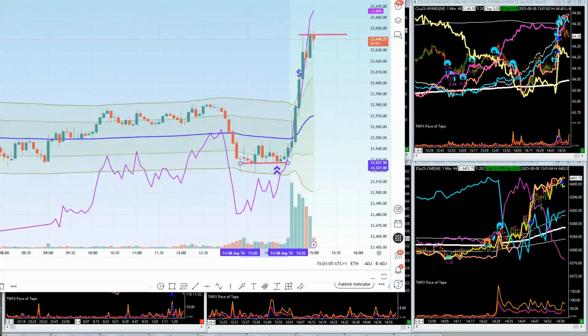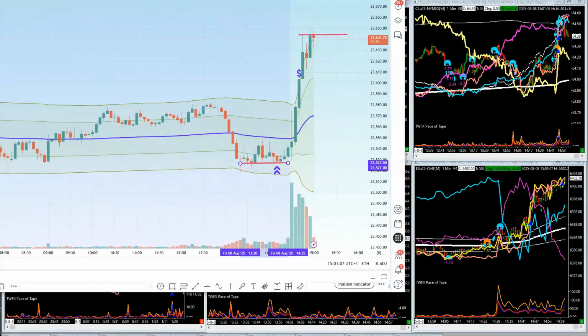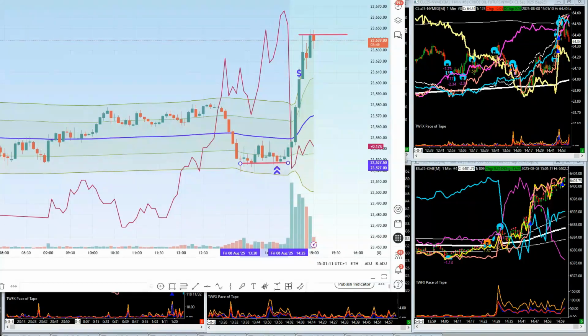So what about the price of the credit spread market? Let's take a look. Credit spread market seemed to be giving us a bit of a storyline here, didn't it? Now, they've come off since the open. Fair enough, they've come off since the open, and we're starting to see a bit of pressure building at top line prices. I'd love to see an algorithmic seller coming in at these higher prices, because that would give us a lot more confidence about the top line short coming into play here.